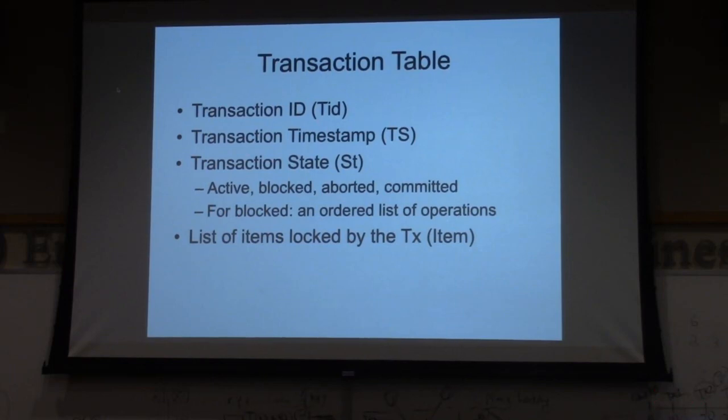And as we saw in the last class, it has different states: active, which is the beginning of the transaction, and either aborted or committed at the end. Also blocked, which means blocked by or killed by another process, and so on.